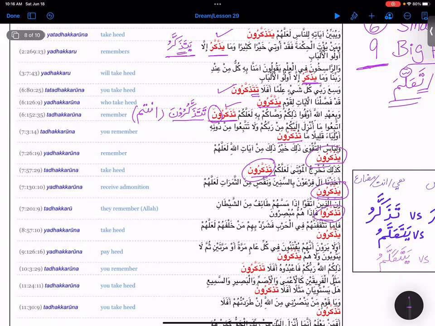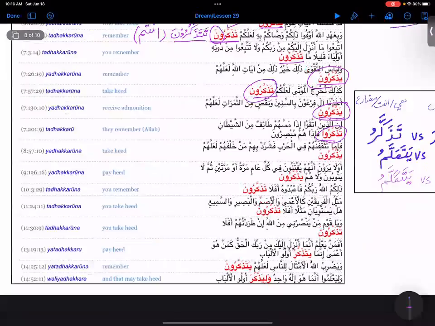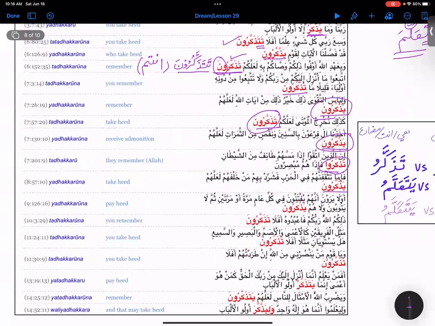We will learn that sometimes the mudari' is light. So then yadhakkaruna, tadhakkaruna. Now yatadhakkaru, this ya at the beginning and u at the ending tell us that this is fi'l mudari' and the fa'il is huwa.